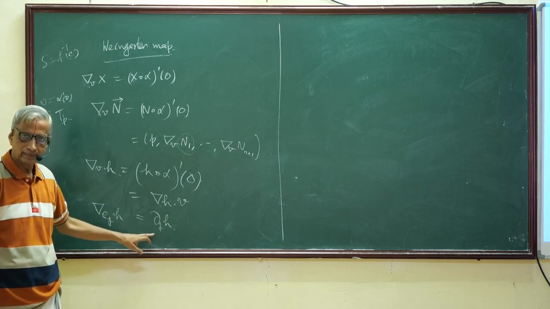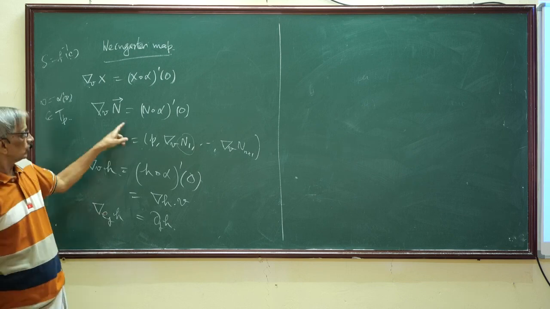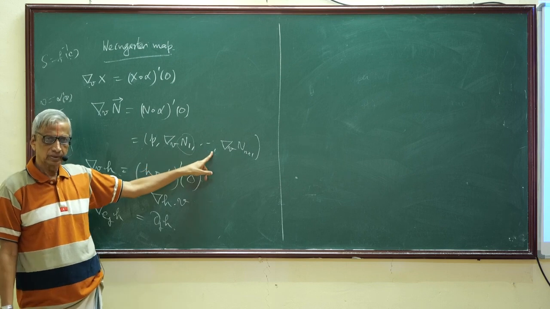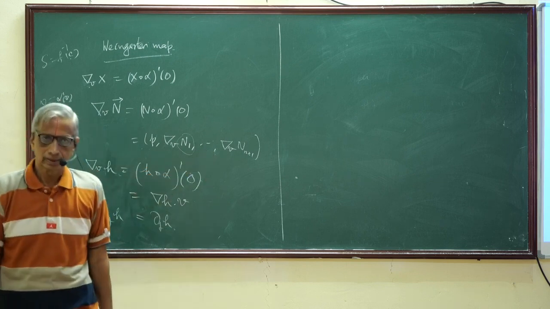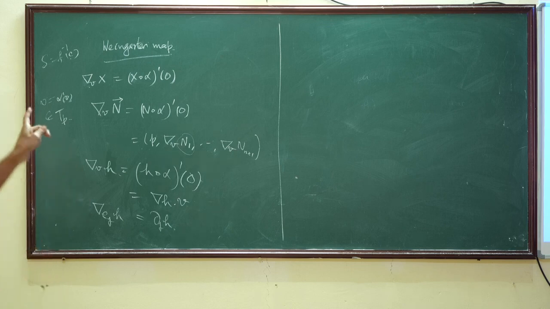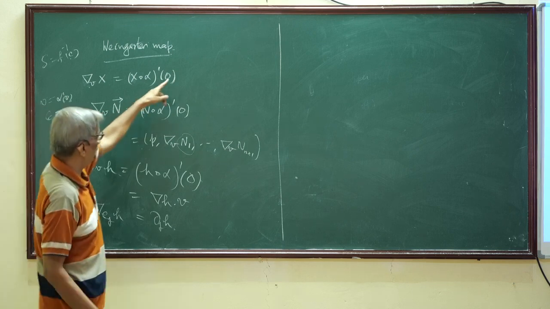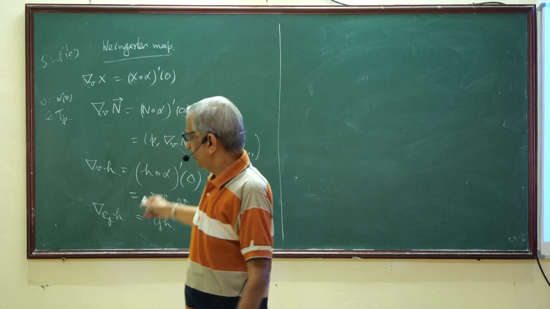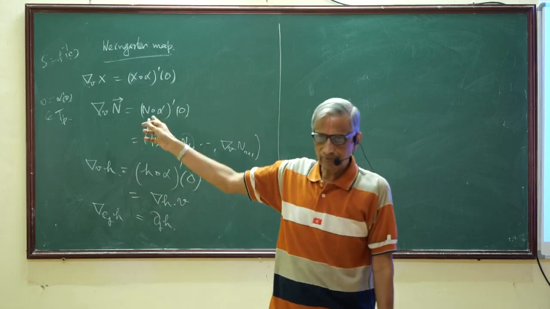It's just the partial derivative there. So the derivative of a vector field is defined in terms of the directional derivatives of the functions which give you the vector field X. Now here, if you want, it is x1, x2, up to xn plus 1. Right now we are going to look at only the vector field N.